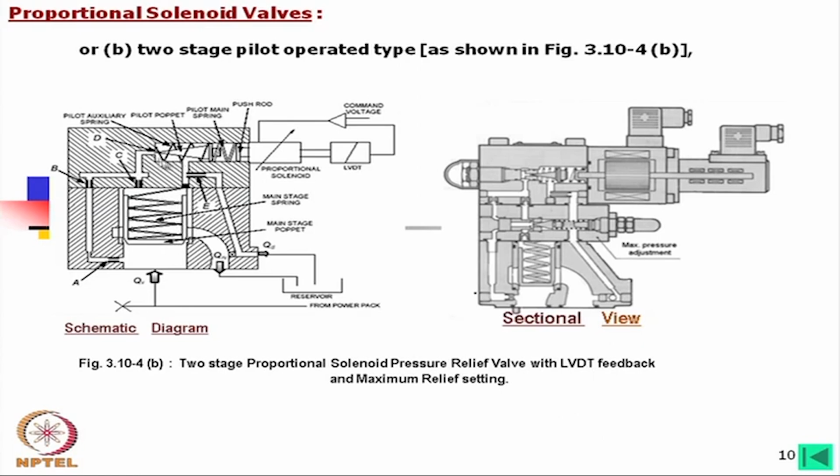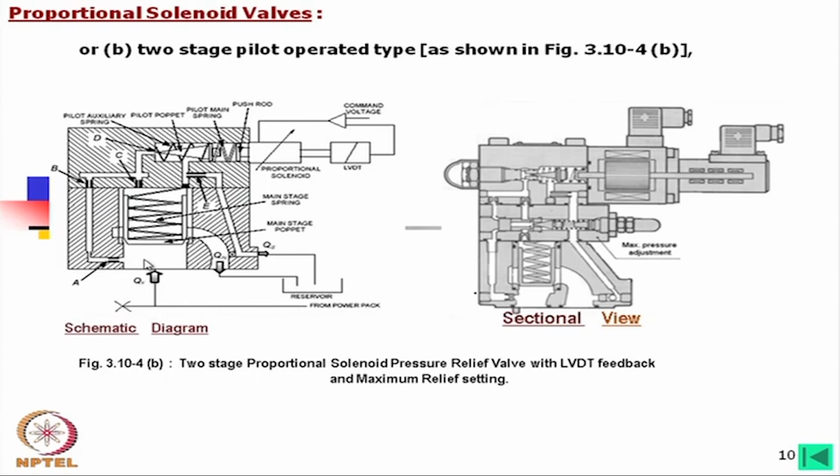And this is the leakage flow which is going through a capillary passage to the chamber. Now, this is the system line and it is connected here.